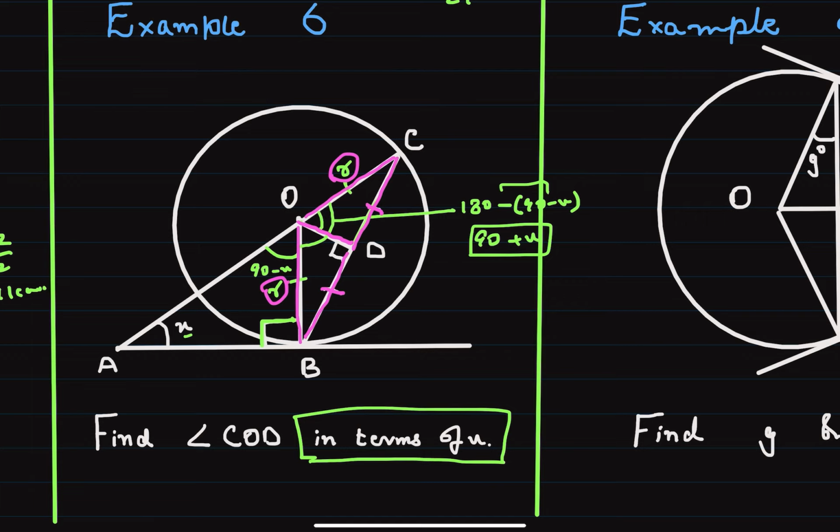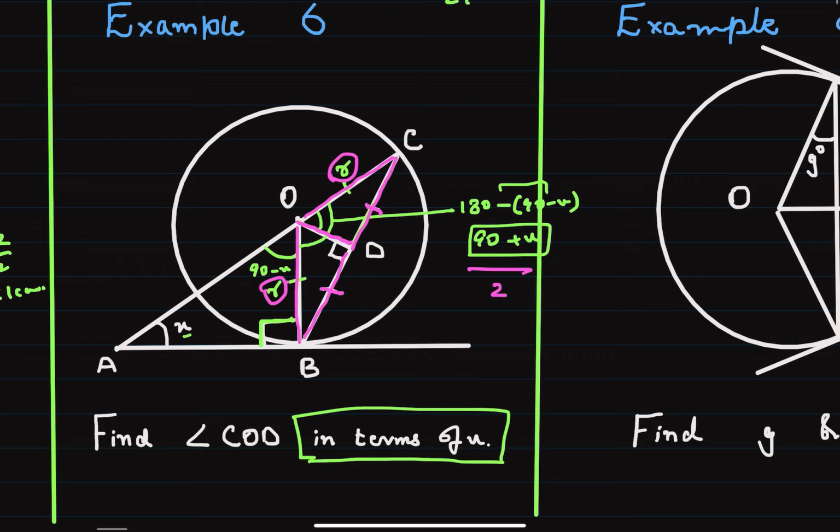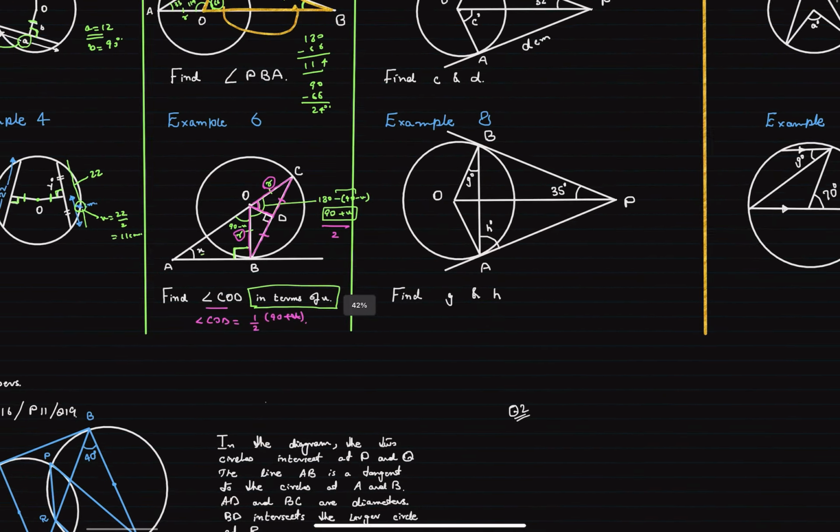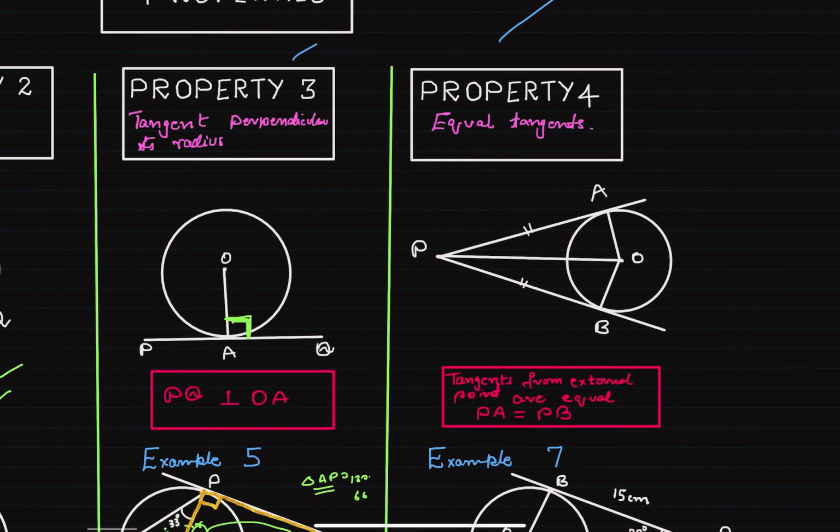That means this 90 plus x, when divided by 2, should give you this COD which is asked. So angle COD should be half of 90 plus x, right? So this is property number 3.